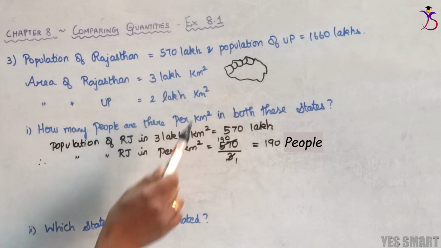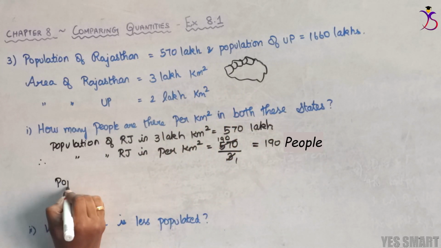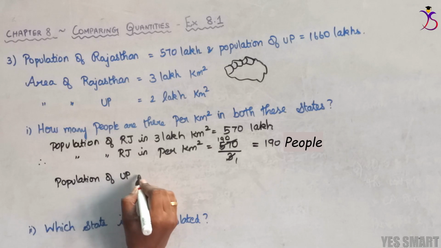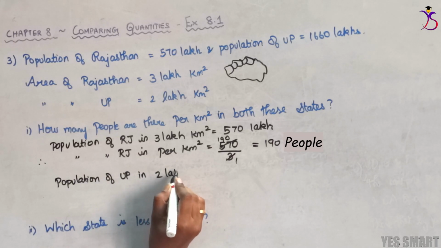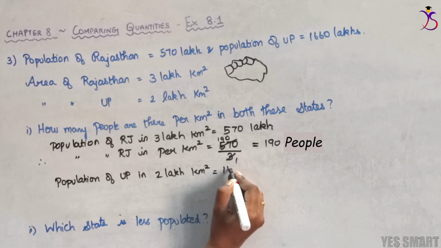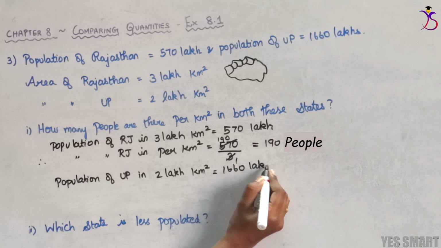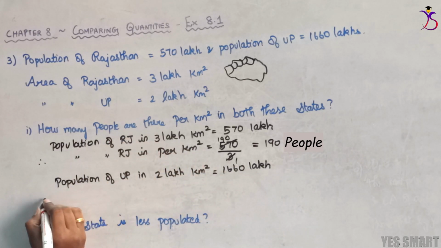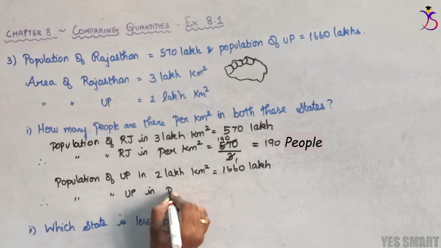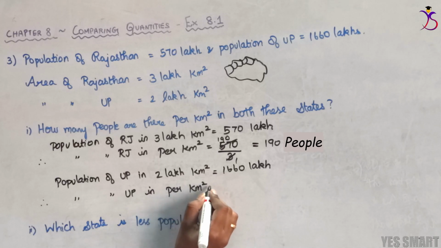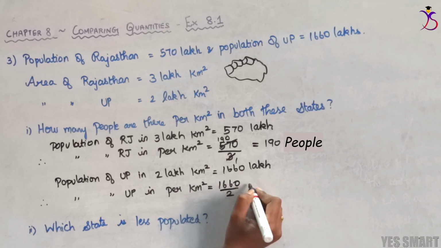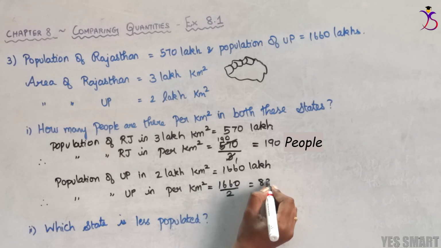Now let's do the same for the population of Uttar Pradesh. Population of Uttar Pradesh in 2 lakh kilometer square is equal to 1660 lakh. So in 2 lakh kilometer square, there are 1660 lakh people. Population of UP in per kilometer square, that is 1 kilometer square, equals 1660 divided by 2, which is 830 people.